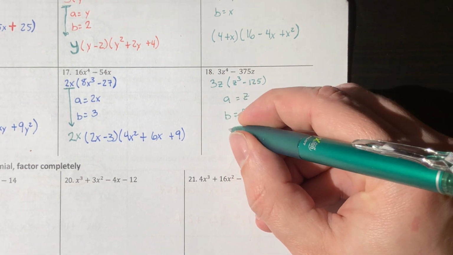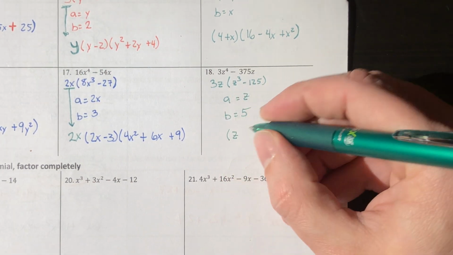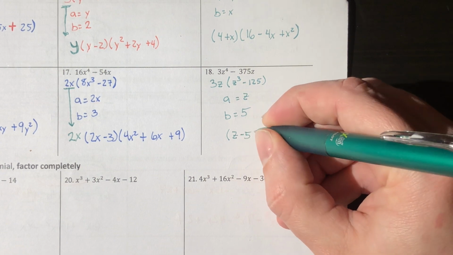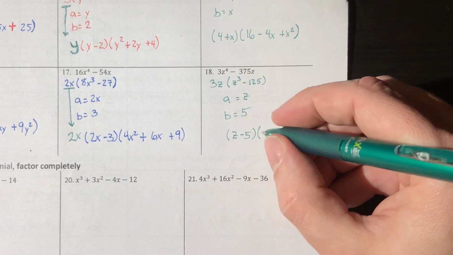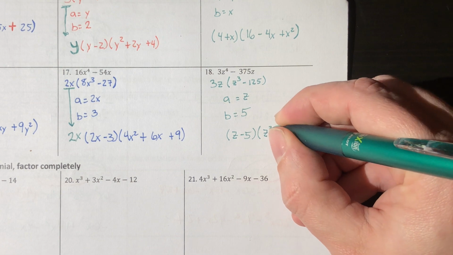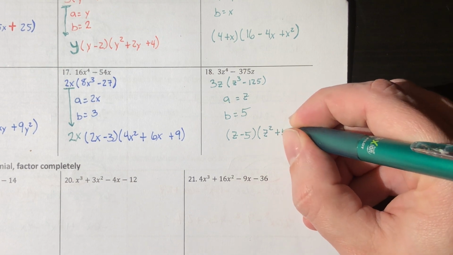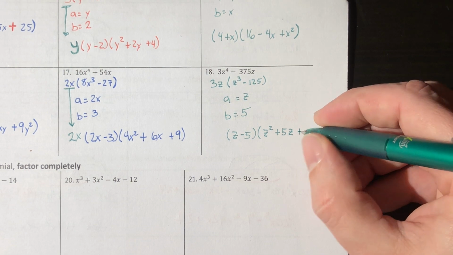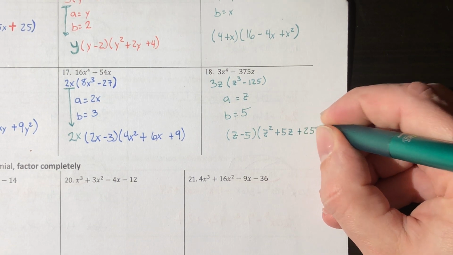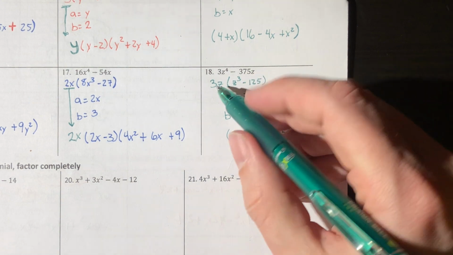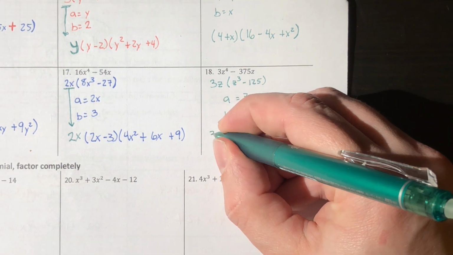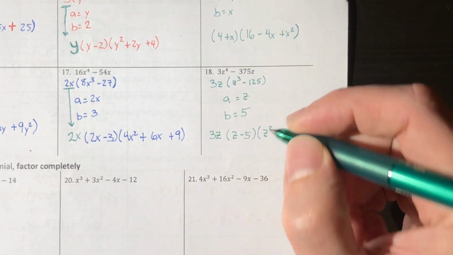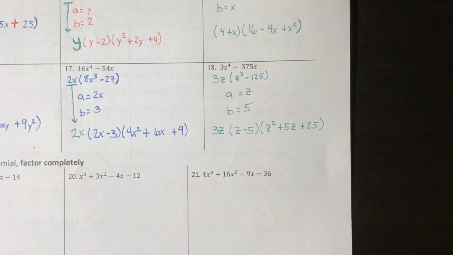So I've got z minus 5, z squared plus 5z plus 25, and that 3z that I factored out as a greatest common factor still needs to stay out front.